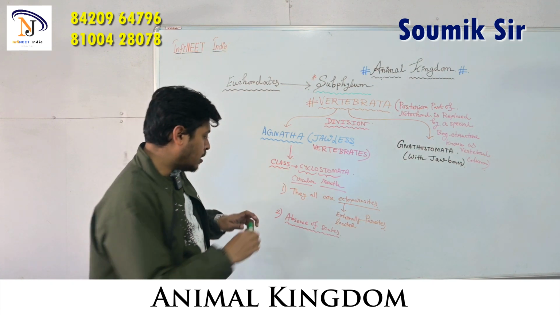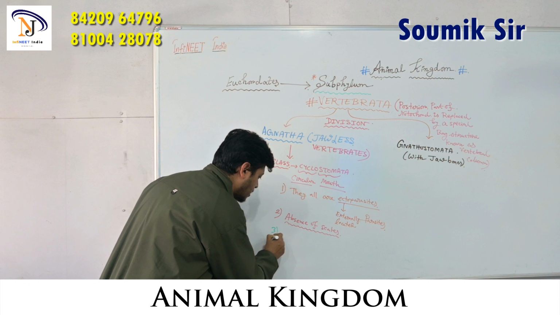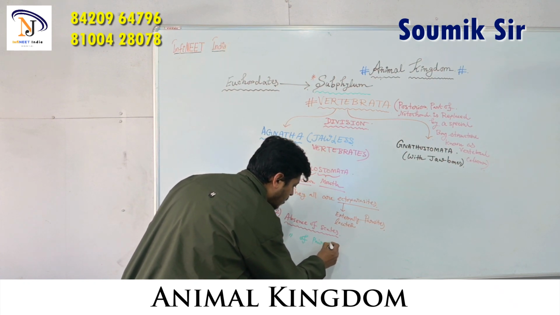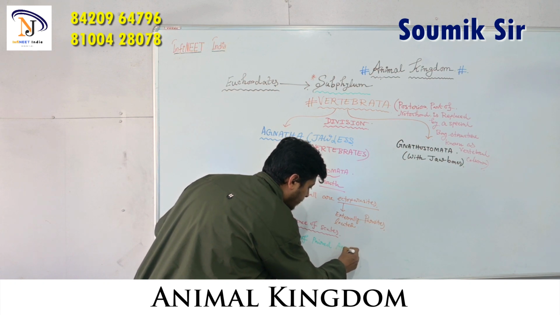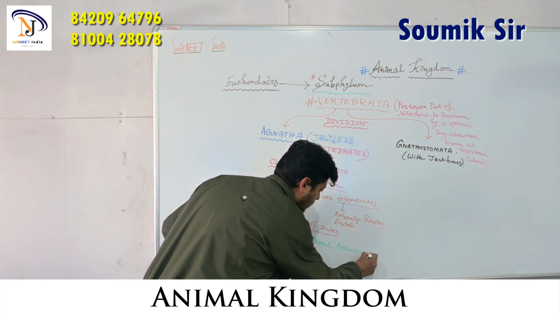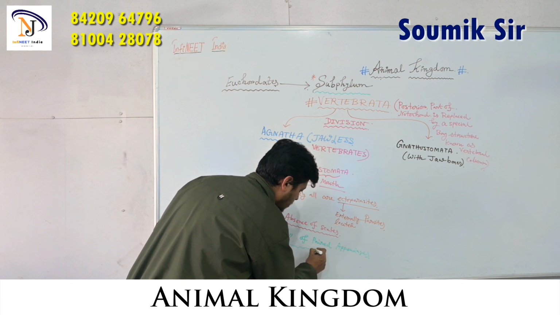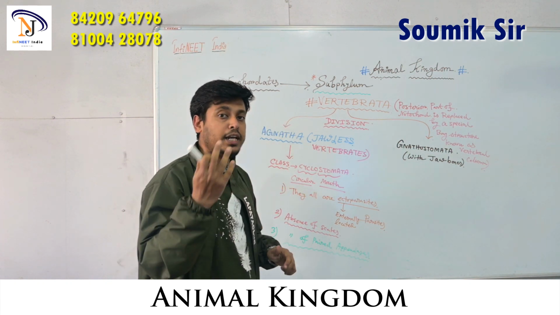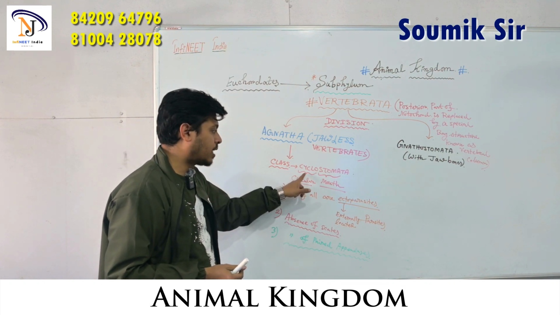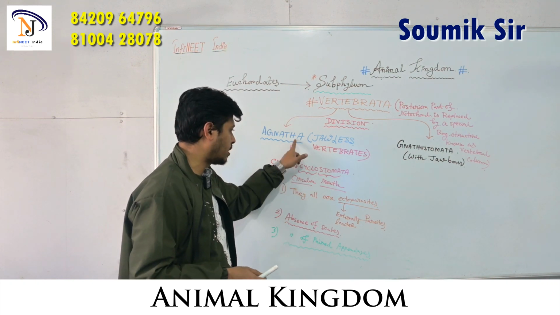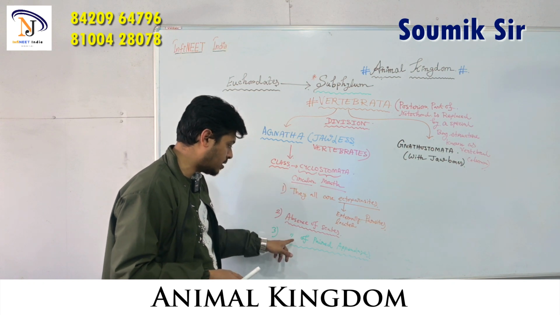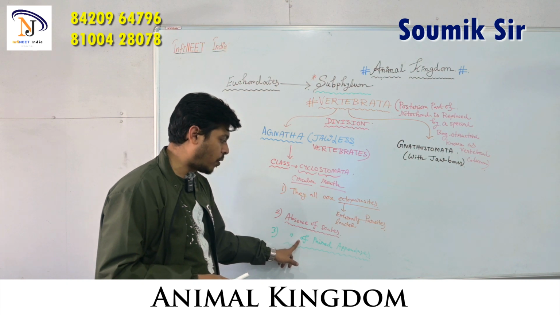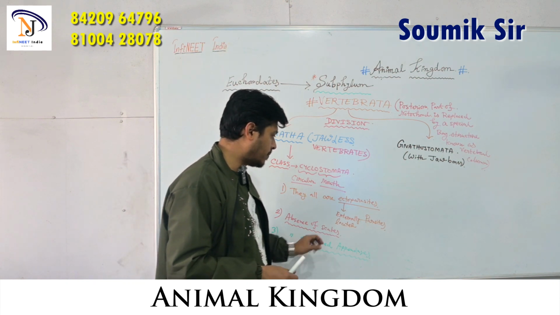Next important characteristic feature: absence of paired appendages. The appendages of fishes are fins, but in the class cyclostomata under agnatha or jawless vertebrates, paired appendages are absent. This is one of the most important points of the NCERT biology book.